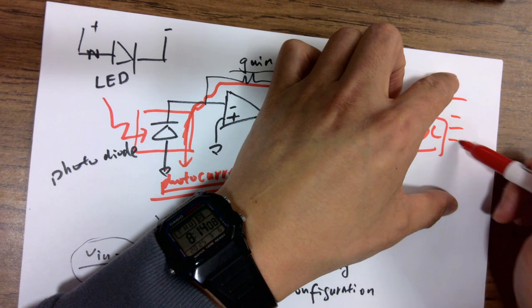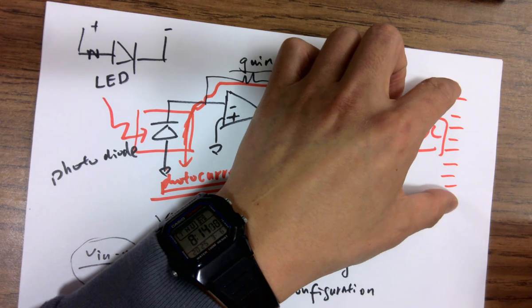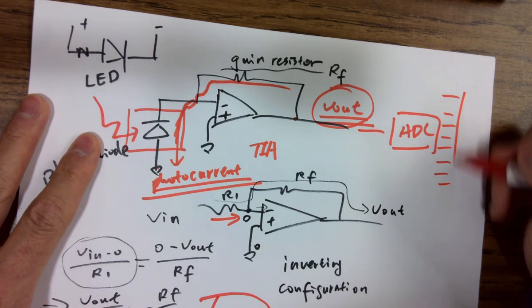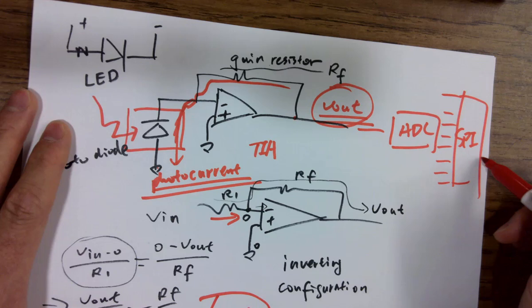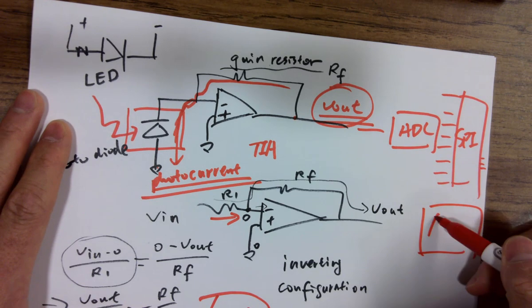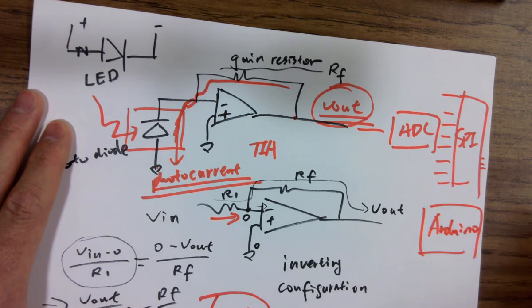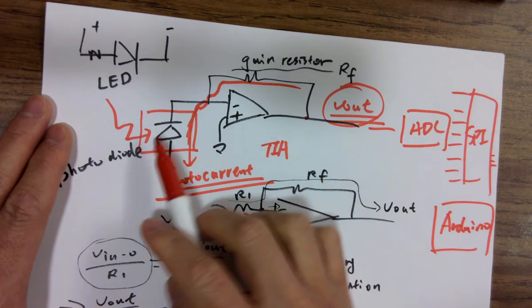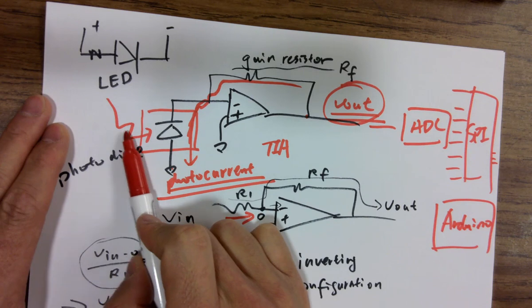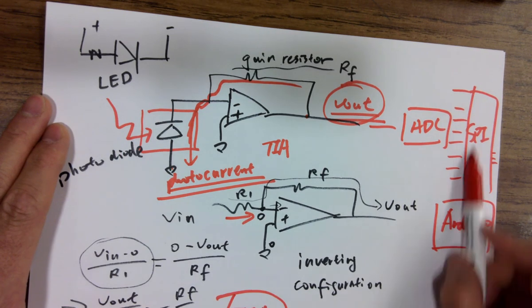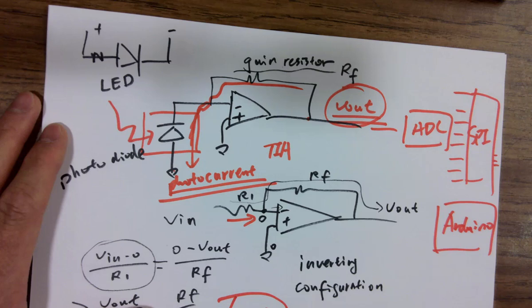So you get a digital output, like 8-bit for example, and you can send that to an SPI port and use it to interface with Arduino, right, to do something. So this is a basic light sensor structure from scratch, from light to Arduino. Okay, this is one example of a light sensor.